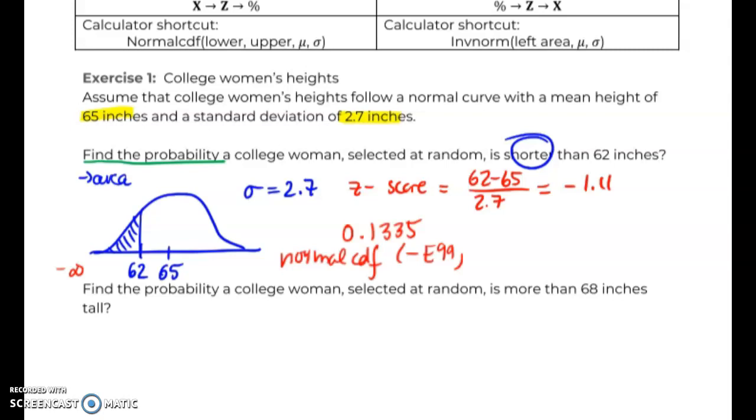Then we go up to our upper bound of 62, and then we put in our mean and our standard deviation. So again, the first value is our lower bound, then our upper bound, then our mean, and then our standard deviation.